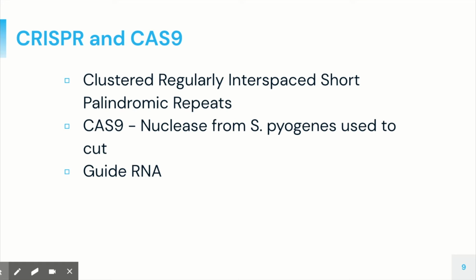The second half of the name, short palindromic repeats, basically says that there are palindromic repeats in their DNA, that is, a sequence of DNA that is read the same right and left.